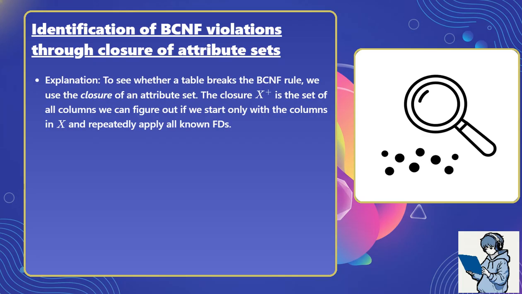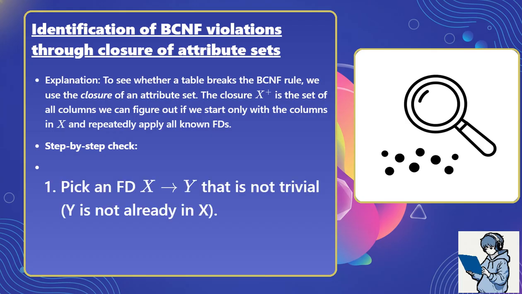Explanation: to see whether a table breaks the BCNF rule, we use the closure of an attribute set. The closure X plus is the set of all columns we can figure out if we start only with the columns in X and repeatedly apply all known functional dependencies. Step-by-step check. 1. Pick a functional dependency X determines Y that is not trivial.